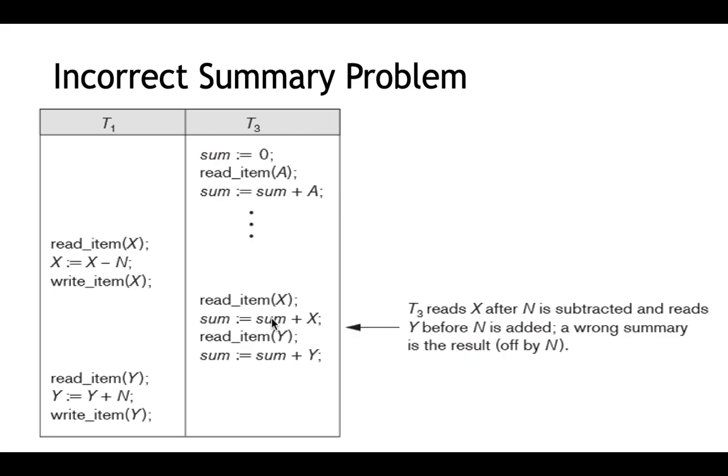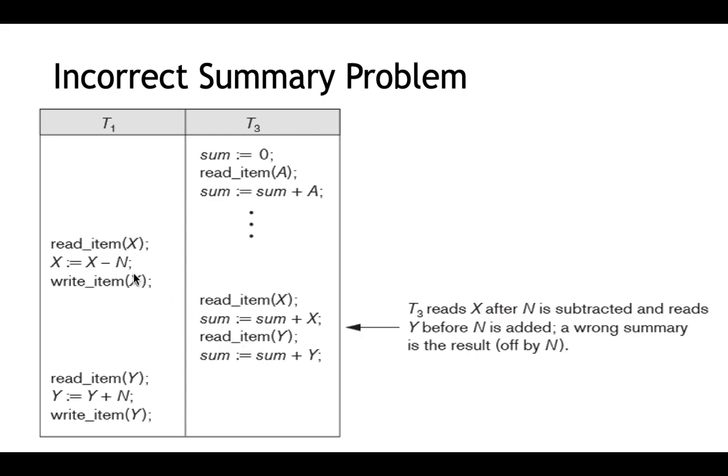The value of X getting added to sum is after n is deducted, and it reads Y next and adds the balance of Y to sum. But actually this n is nowhere. Either n after being deducted from X should have been added to Y, and after that if Y was added to the sum it would have been perfect.